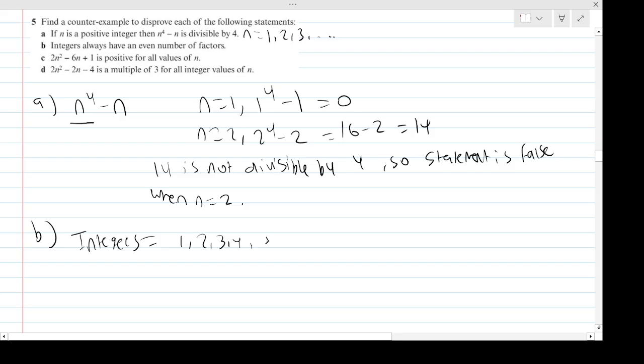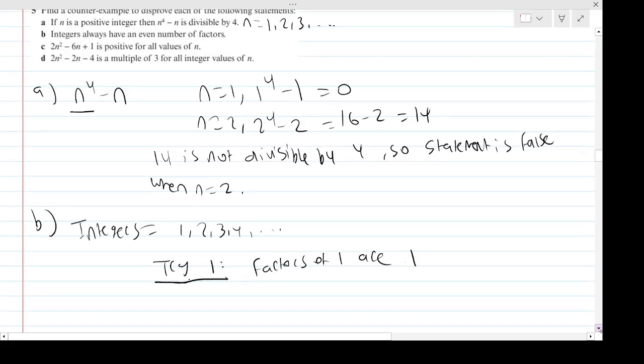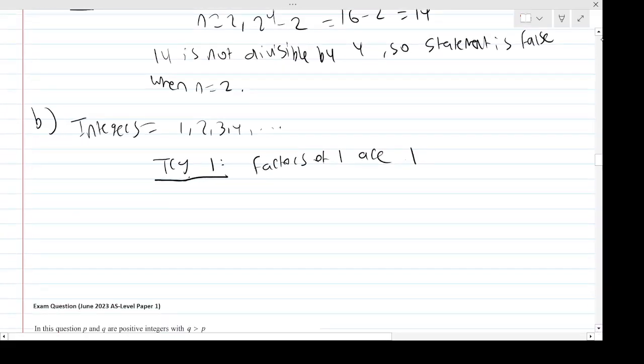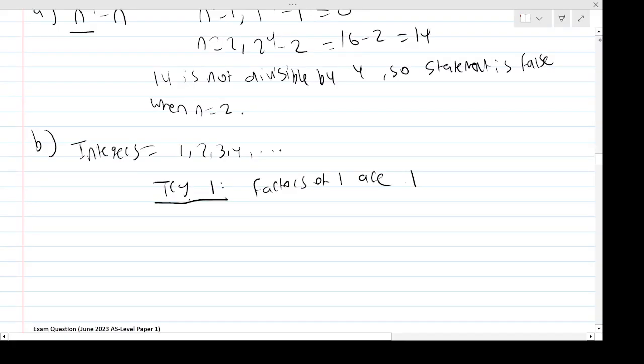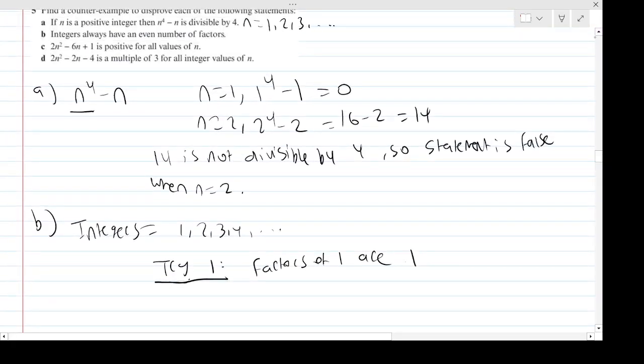So let's try 1. The factors of 1 are just 1. That's an odd amount of factors, because it's just one factor.